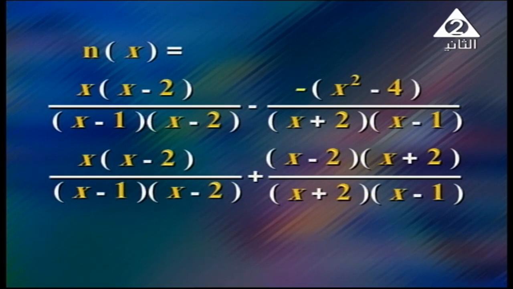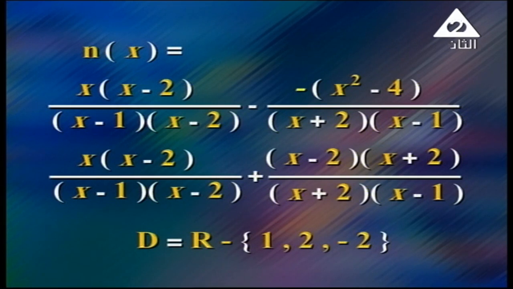At the beginning, you are going to find the domain. What about the domain? It is R minus {1, 2, and negative 2}. Then by reducing, that's correct, x minus 2 together and x plus 2 together, you are going to obtain a result as x plus (x minus 2) over (x minus 1).